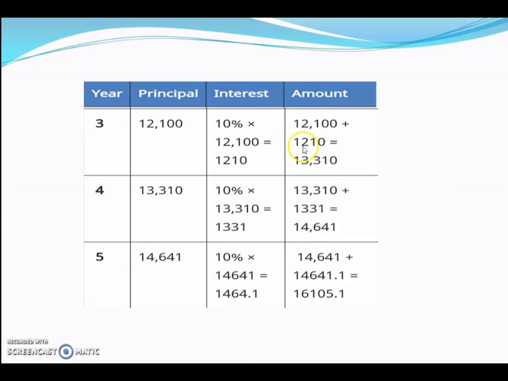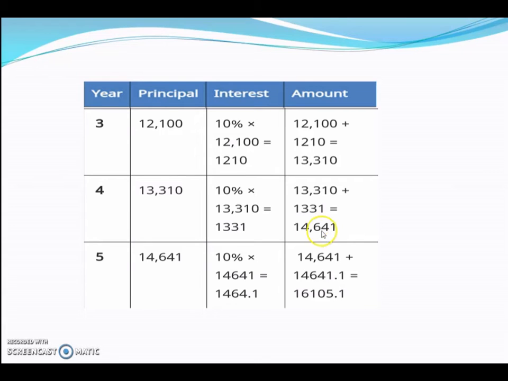Then in the fourth year, this amount 13,310 is becoming the principal. So accordingly, interest you have to find out, 10% of this principal. So 10% of this principal will give you 1,331, and this will be added to this to find the amount at the end of 4 years. That is 14,641. This is the amount at the end of 4 years.